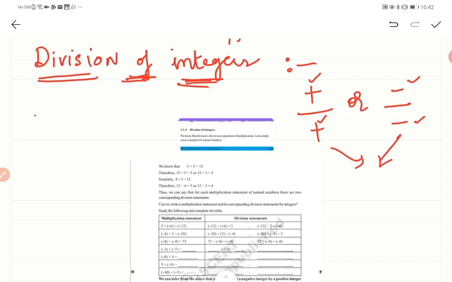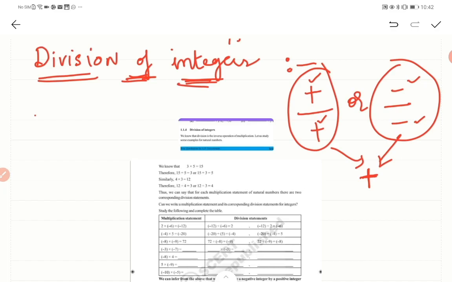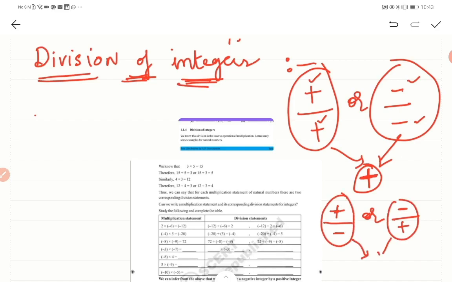You will get a positive resultant integer after dividing two integers with positive signs, or two integers with negative signs. And if you have a positive in the numerator and a negative in the denominator, or a negative in the numerator and a positive in the denominator, then the resultant output will be a negative integer.